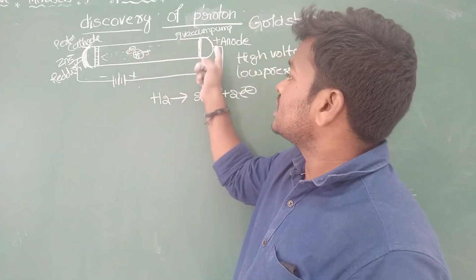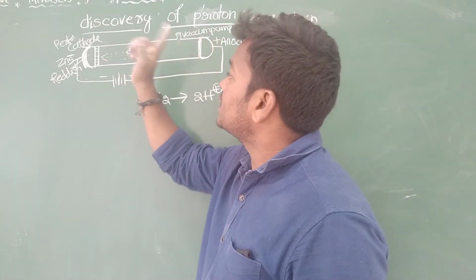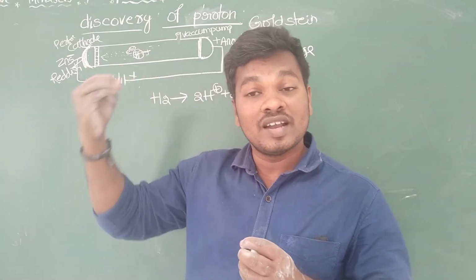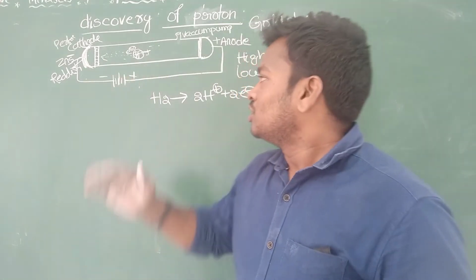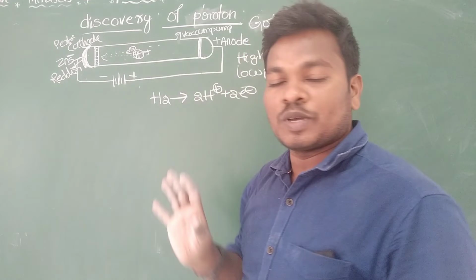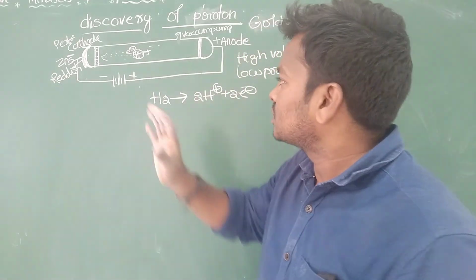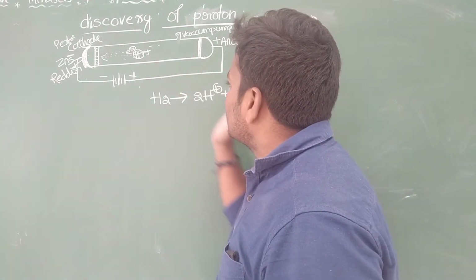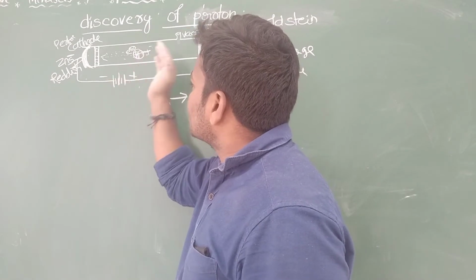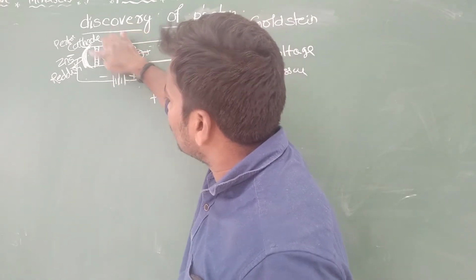Here he didn't keep the zinc sulfide screen, but he wanted to identify the particles opposite to the negatively charged ones. Whenever he applied the same discharge tube experiment several times, the gas molecule was ionized, and the positive rays traveled and passed through the cathode.